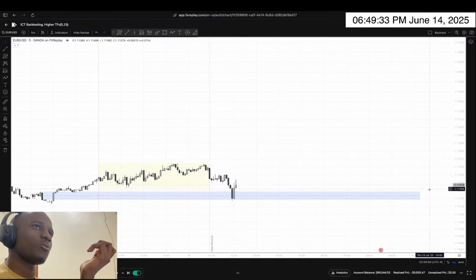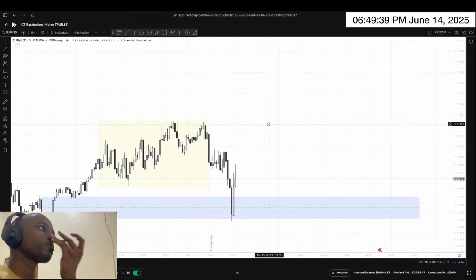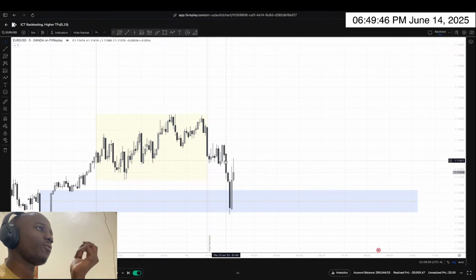So what I would like to see here is basically price push higher and take out these equal highs after a reaction on this order block, and taking out these Asian lows right there. An ideal entry to this trade will be this inversion fair value gap.